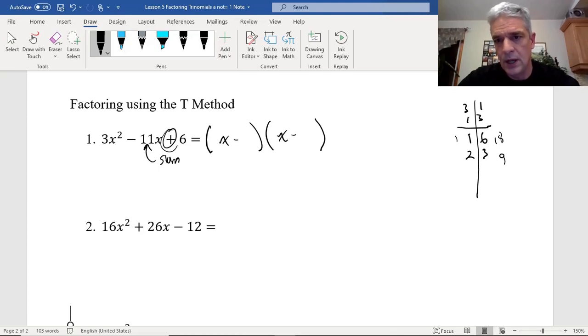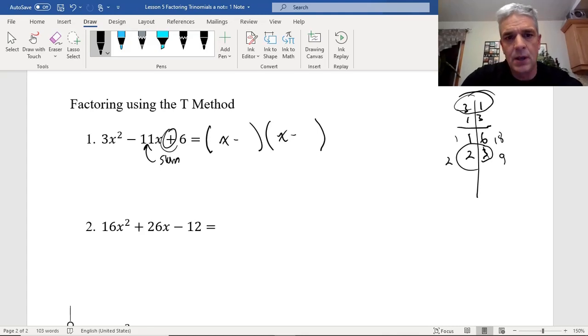Anyway, then we're looking at 3 times 3 is 9, and 1 times 2 is 2, and then we look for a sum. Oh, in fact, that is the correct answer because 2 plus 9 equals the middle term, which is 11. That tells me these are the factors of 3 that I must use, and these are the factors of the 6 that I must use.